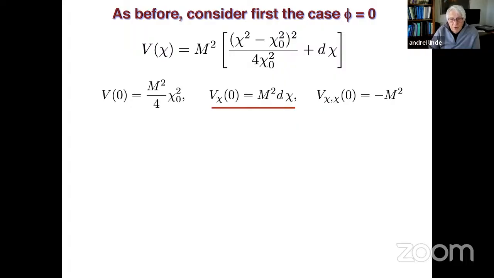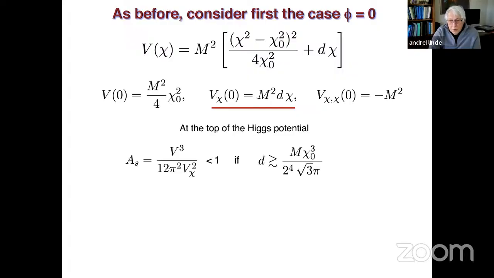Now, everything will be as before with respect to curvature and with respect to the initial value of the field of the potential, but there will be a tiny linear term appearing here at chi equal to 0, and this linear term will be important because at the top of the Higgs potential, instead of putting V of chi equal to 0 in the denominator, which would give rise to huge perturbations of density, instead of that, you will put there this m squared d chi squared in the denominator.